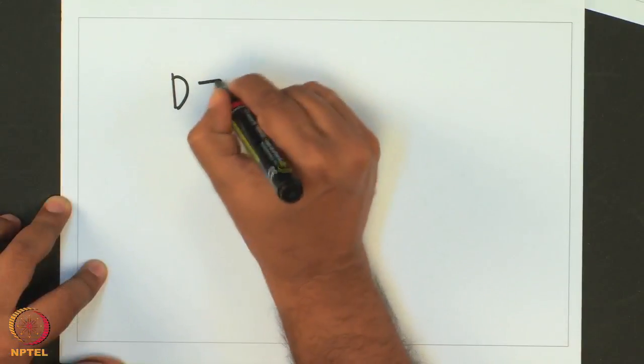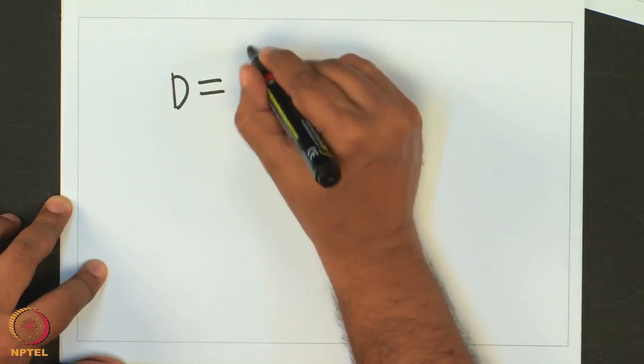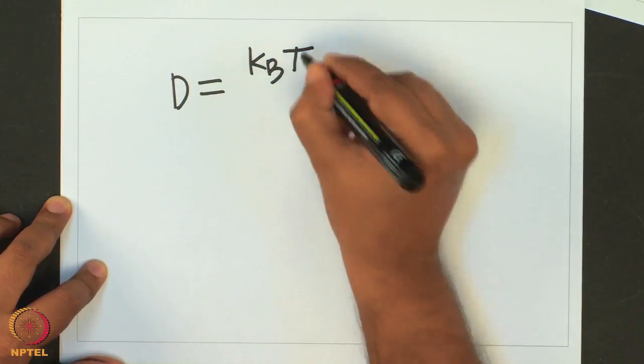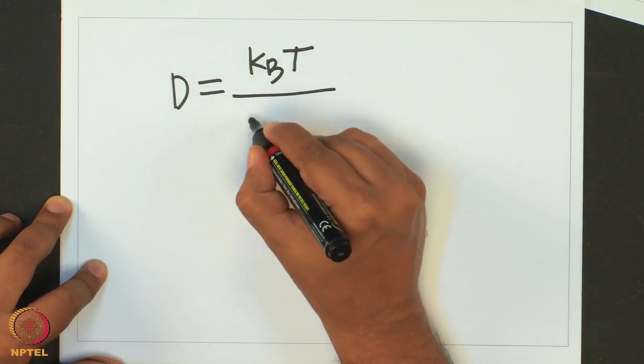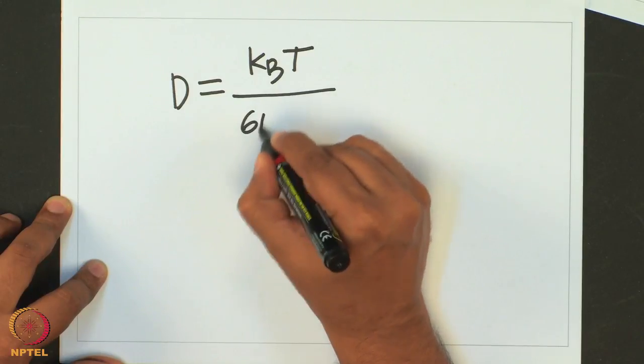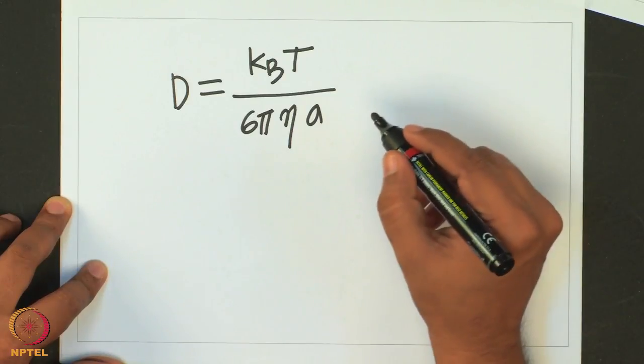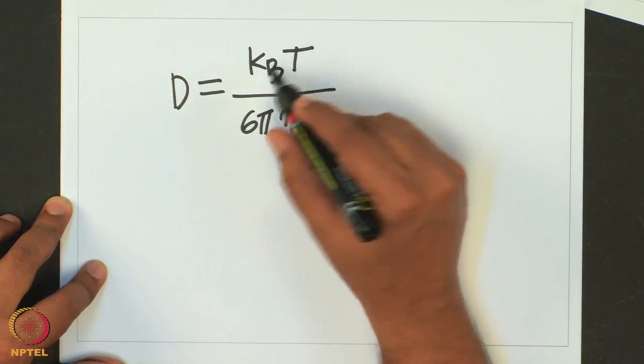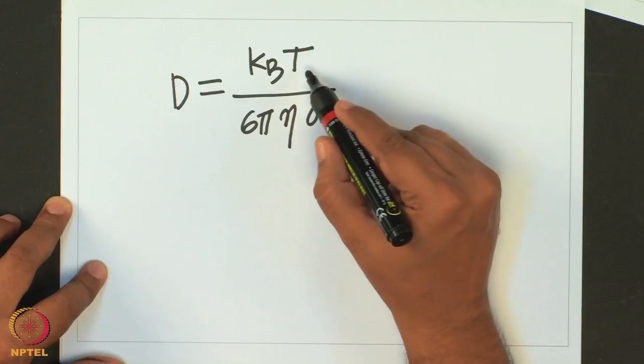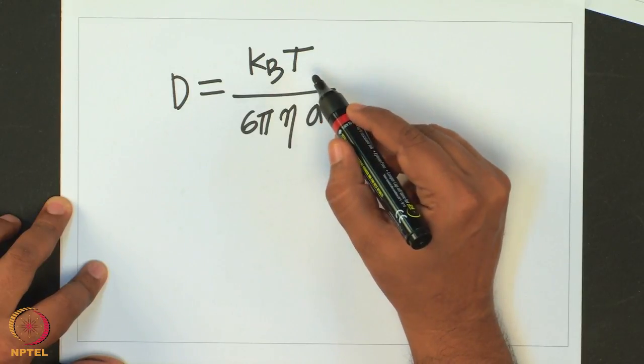So, let us calculate that number here. D is equal to kBT by 6 pi eta a. If you assume water, the viscosity of water, Boltzmann constant, and temperature we have to substitute.